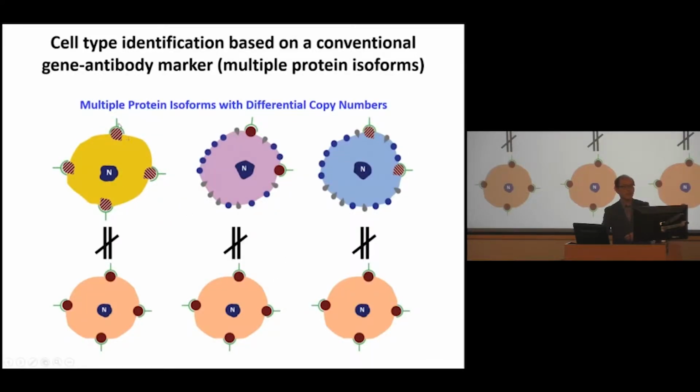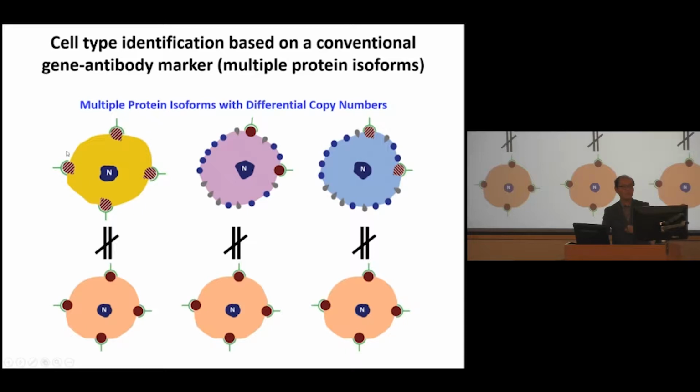So this antibody can bind to second isoform of the same gene. And this antibody binds to the target protein. However, the target protein is a minor population. The other isoforms produce a lot more on this cell. And this antibody, again, binds to this another isoform.